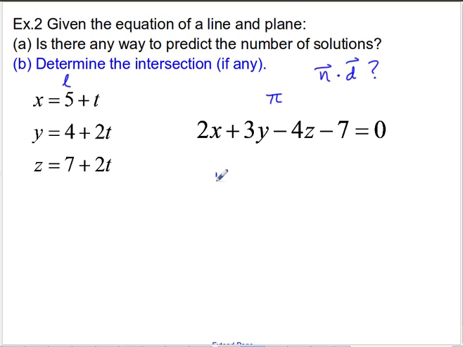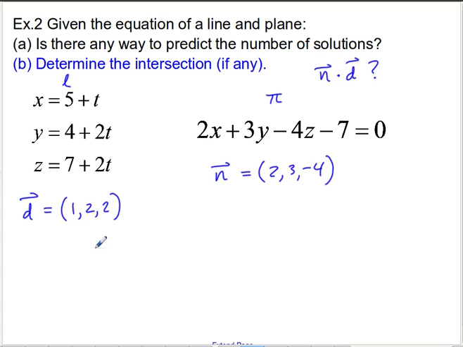Yes, we can. If you've got a plane in Cartesian form, the normal vector comes from the a, b, and c values, so that's (2, 3, -4). From the line, our direction vector comes from the coefficients of the parameter, so I've got a direction vector of (1, 2, 2).